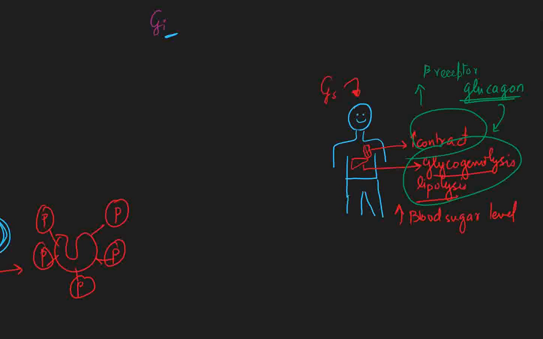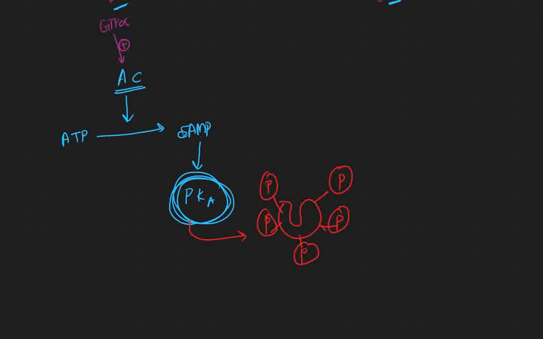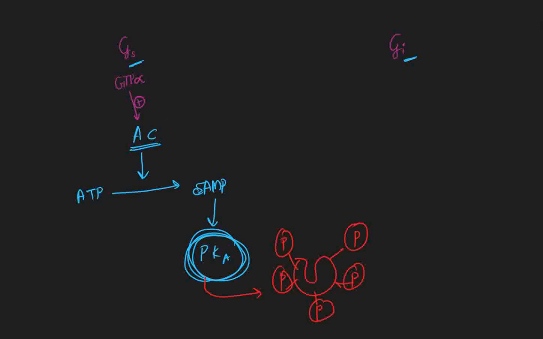Therefore, when we phosphorylate the enzyme through our PKA subunit, the effect will be to increase your blood glucose level. But soon after this activation, our GTP and alpha subunit, they will break up.